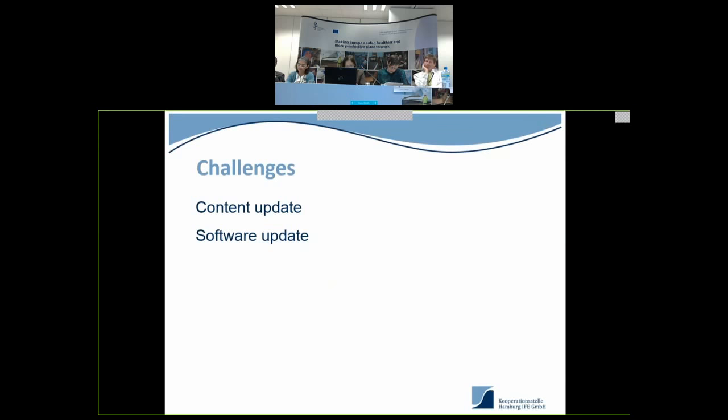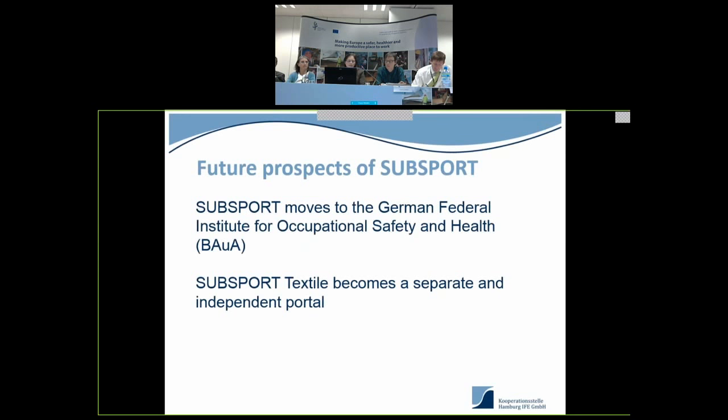The ongoing maintenance process, including staff work and software update, cost Kooperationsstelle about 260,000 euro in the last 4 years. In the near future, probably at the end of this year, Subsport moves to the German Federal Institute for Occupational Safety and Health, and Subsport Textile becomes a separate and independent portal.